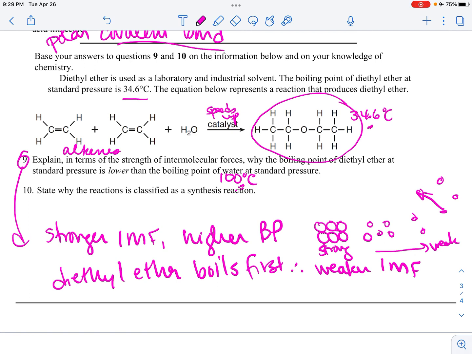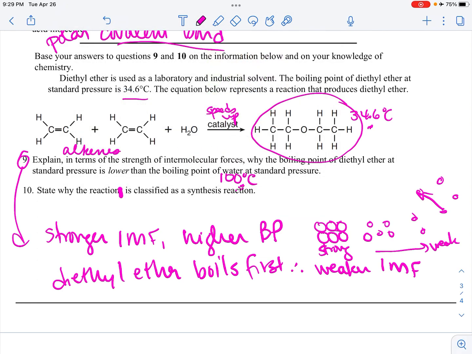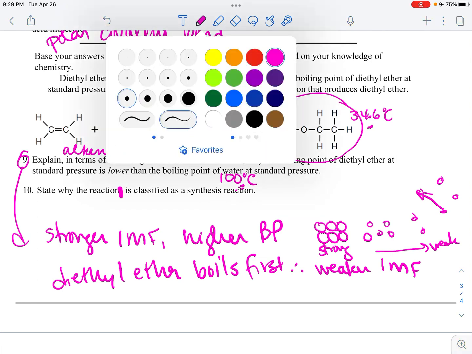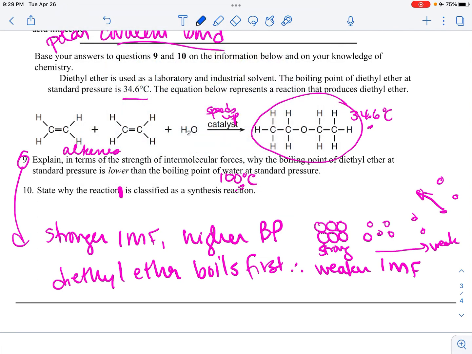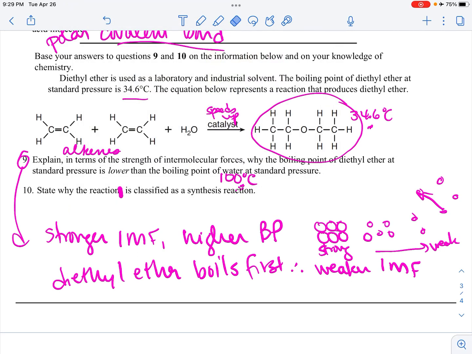And finally, state why the reaction is classified as a synthesis. So in a synthesis reaction, it's some A plus B yields AB.